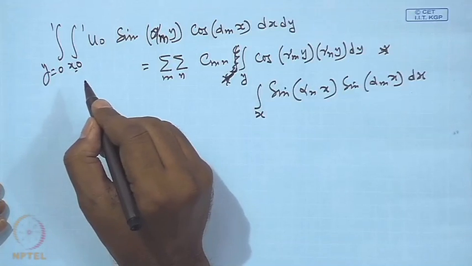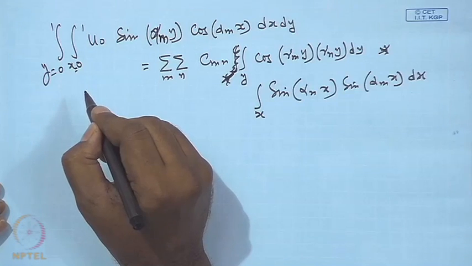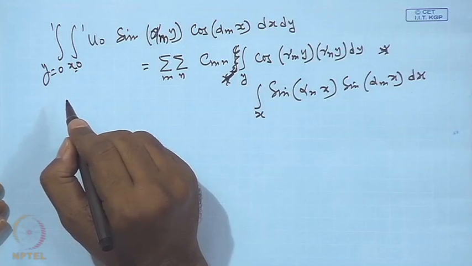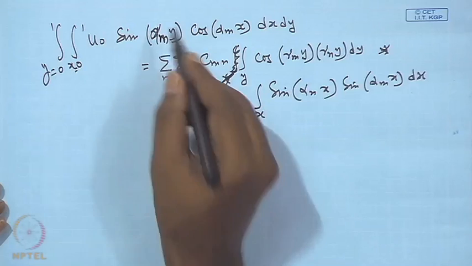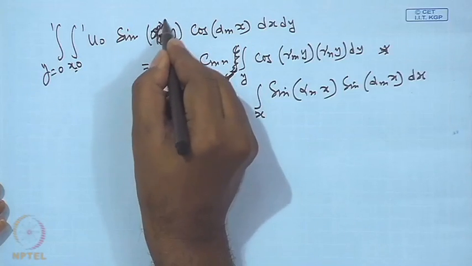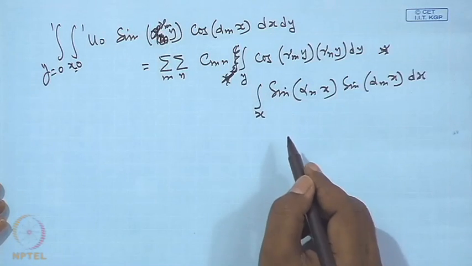We multiply both sides by sine nu m y and sine alpha m x. So, this is fine, sine nu m y cosine alpha m x.